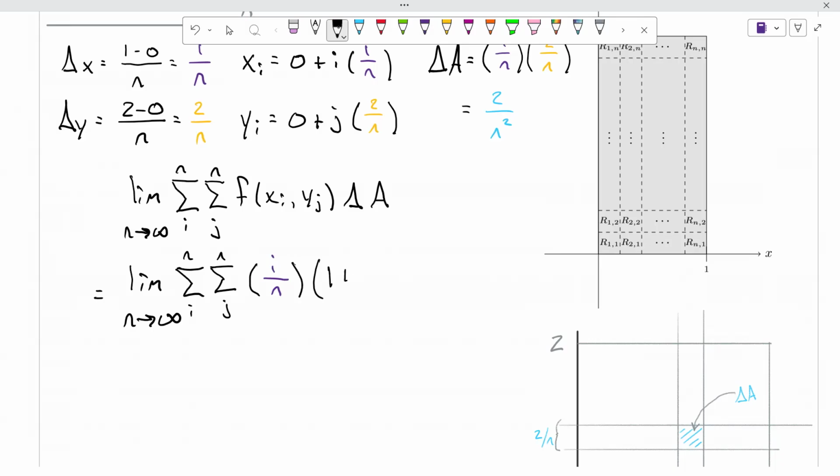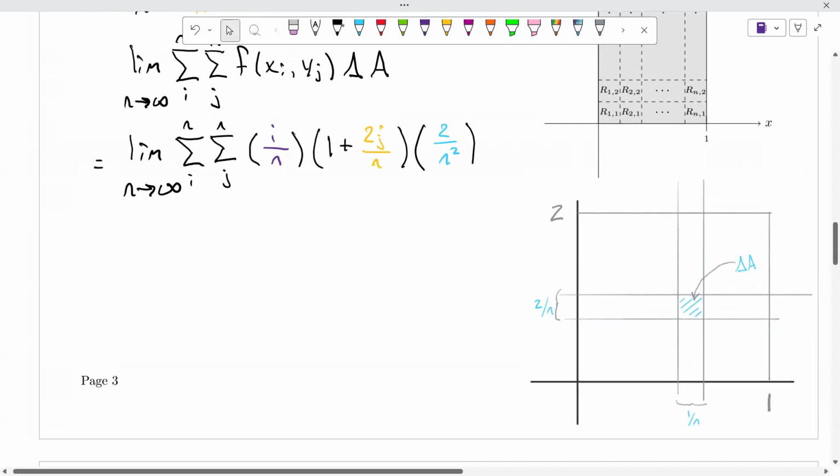And yj was 2j over n. And then this thing gets multiplied by 2 over n squared. And we get to do all of that. And look how much space is left to do all of that math.